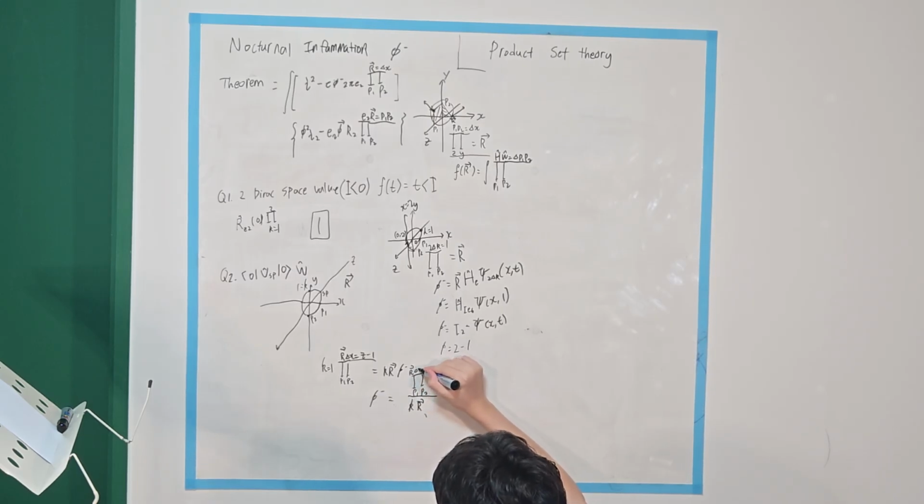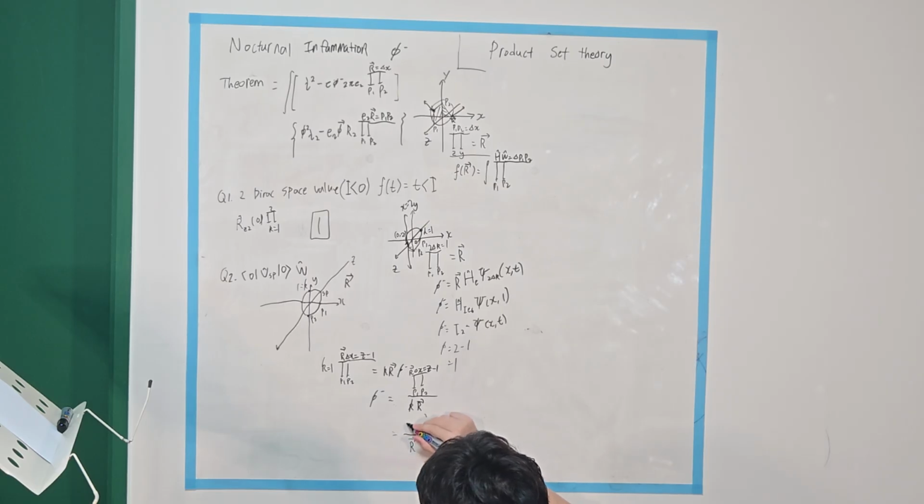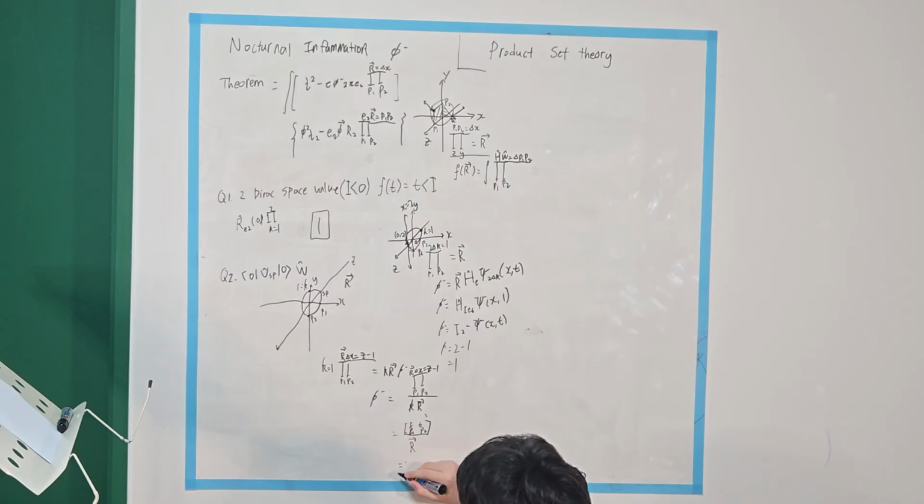R vector delta x equals to z minus 1. This equals to R vector over I T P, P1 P2 equals, since ft is equal to t bracket I, we have the same value, so 1 over r vector.